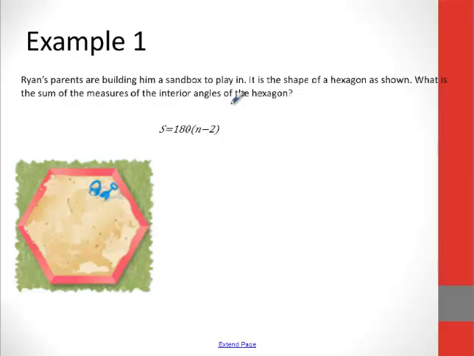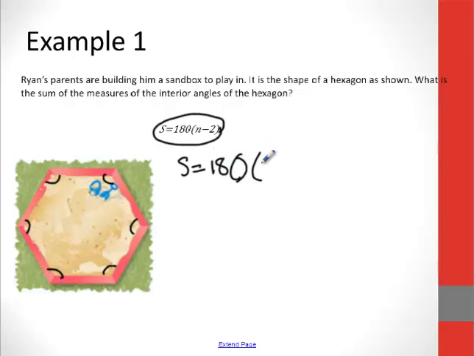So let's take a look. Ryan's parents are building him a sandbox to play in. It's in the shape of the hexagon. What is the sum of the measures of the interior angles? So what we want to do is take all of these angles in this hexagon sandbox and add all of them up. So we're going to use this formula that we had on the last slide. The sum is 180 times n.